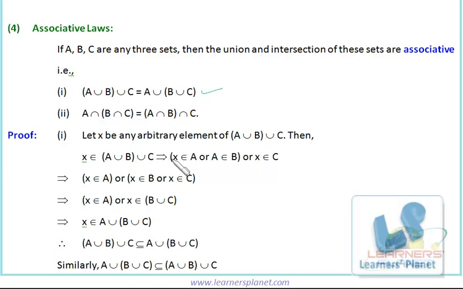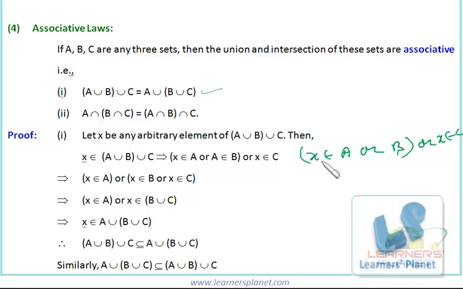So what is the first step? You assume X to be an arbitrary element of (A union B) union C, right? Now if X is an arbitrary element of A union B union C, that means X belongs to either A or B, or X belongs to C, right?